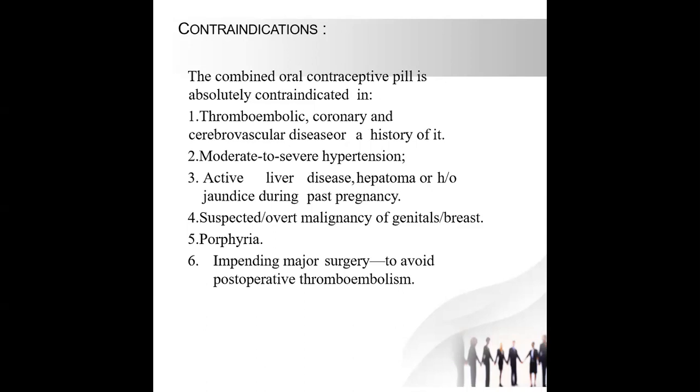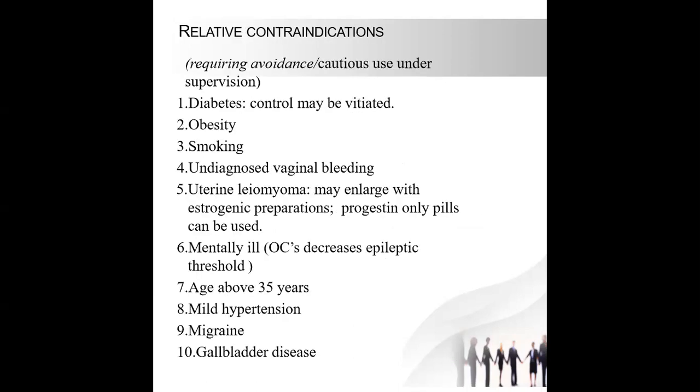Apart from that, active liver disease, hepatoma, or history of jaundice during a past pregnancy. Then suspected or overt malignancy of the genitals or breast, porphyria, and impending major surgery to avoid post-operative thromboembolism are absolute contraindications.